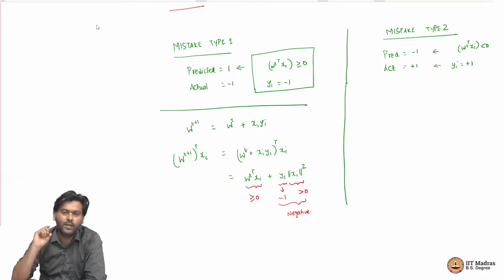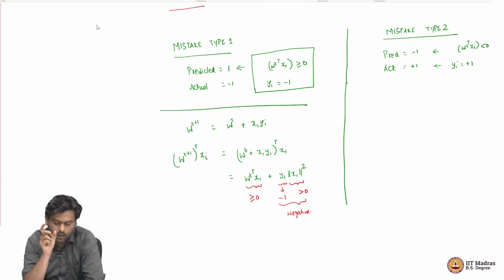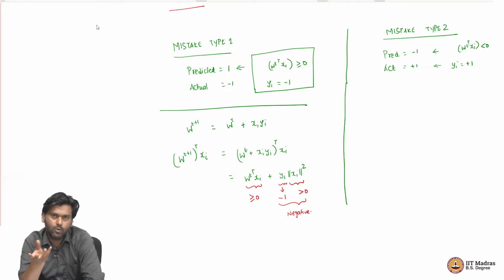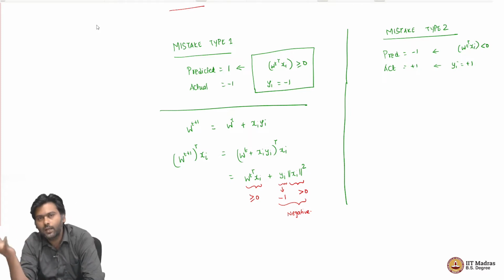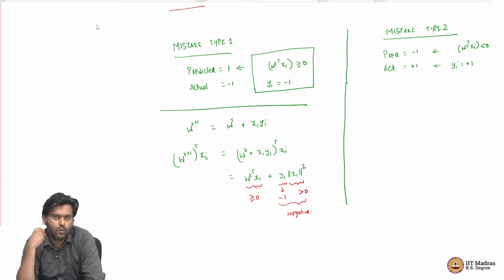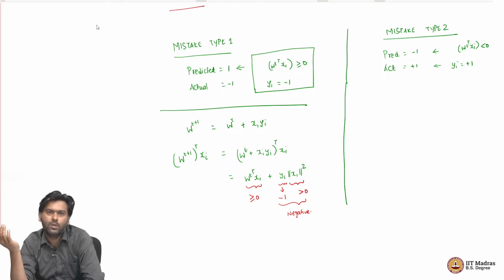What does that mean? Earlier I was making a mistake because the previous W's dot product with x_i was positive, whereas it should have been negative. Now the new W's dot product with x_i is the previous W's dot product with x_i minus something. So, you are subtracting something from the old W's dot product, which was positive.